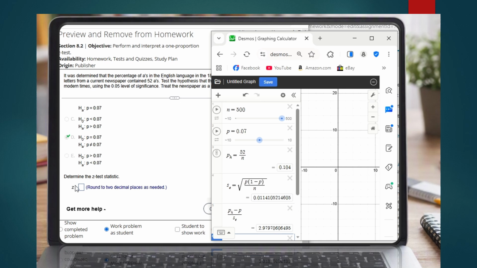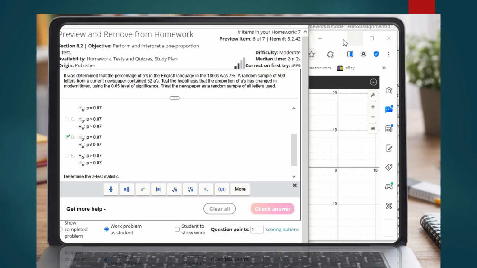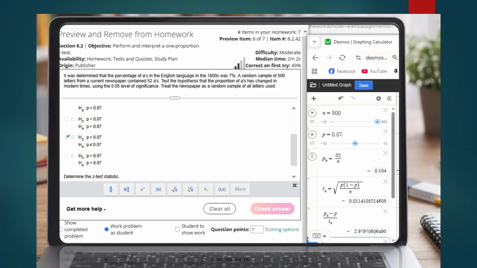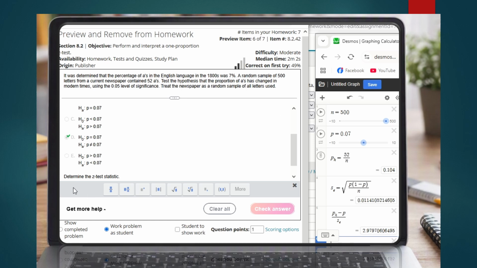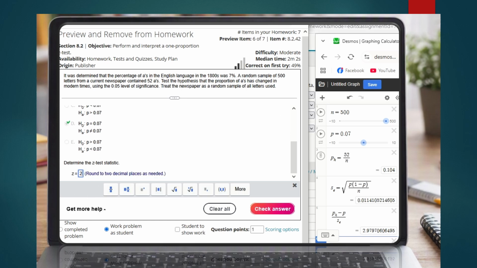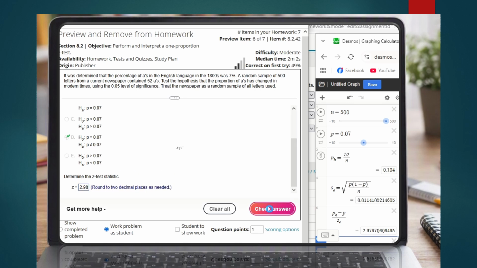So let's get that one in there. We want to round it to 2 decimal places, so that would go up to 2.98. That should be correct.